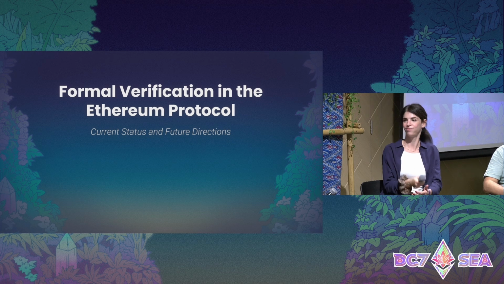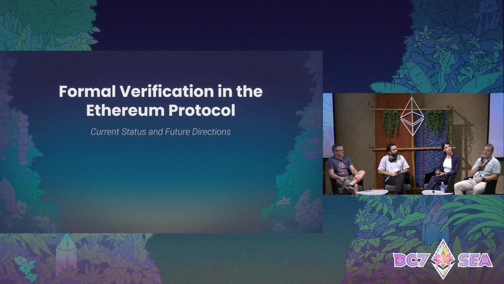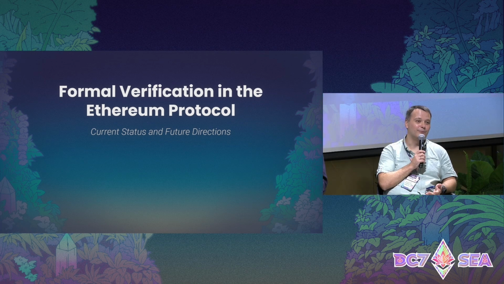Cool, thanks, Zoe. Hi, I'm Igor Konnov. I'm an independent researcher now. Previously, I worked in the Cosmos ecosystem for 4 years, so I'm not new to blockchains, but I'm kind of new to Ethereum. My primary tools are model checkers. I'm a model checker guy, using explicit state model checking, symbolic model checking, but also simulations, randomized stuff, and things like that.